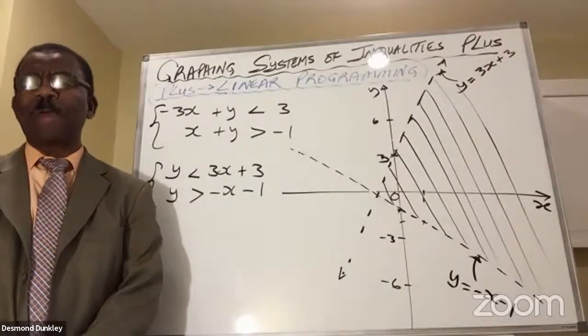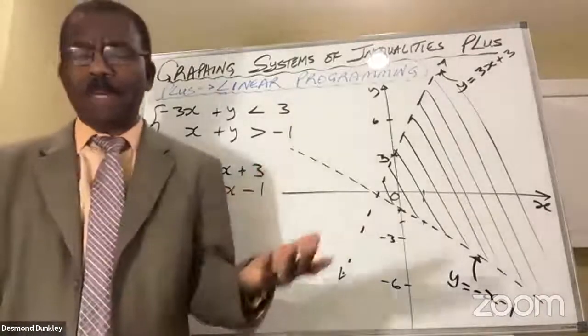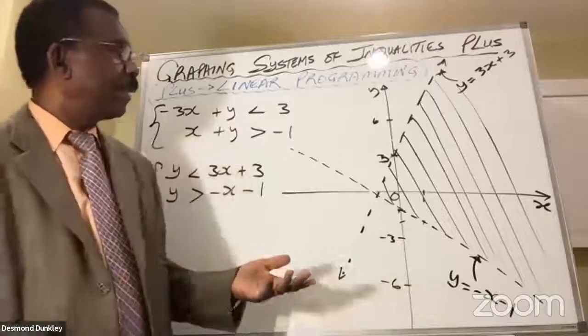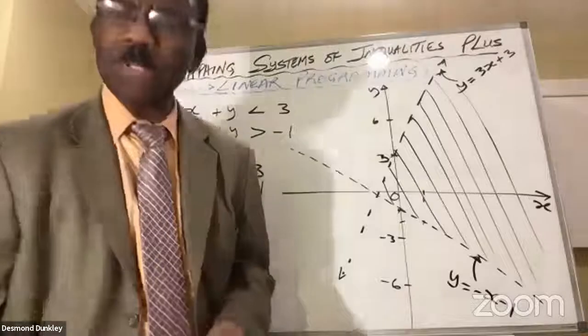So this is how you graph systems of inequality. And if you are given 3 inequalities, you just graph the 3 and find the common area. So let's do one like that.